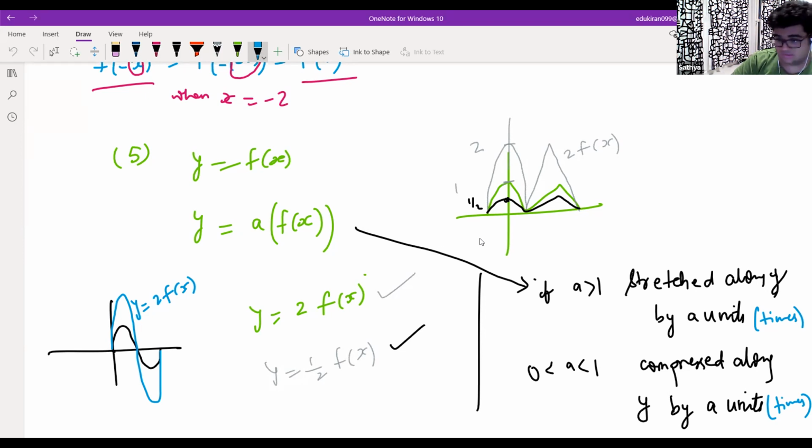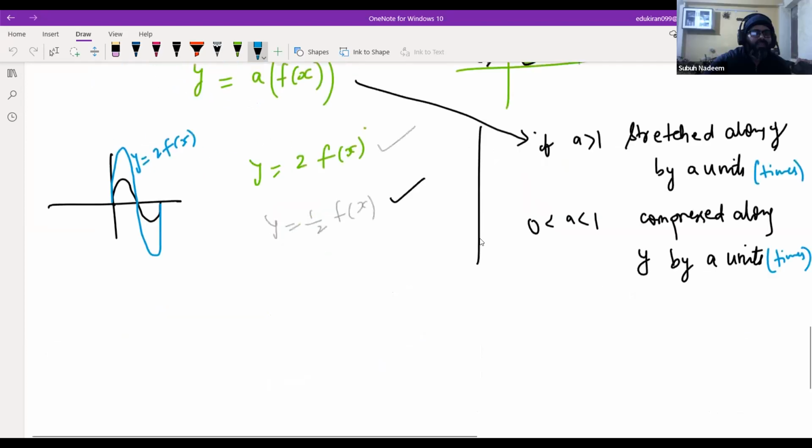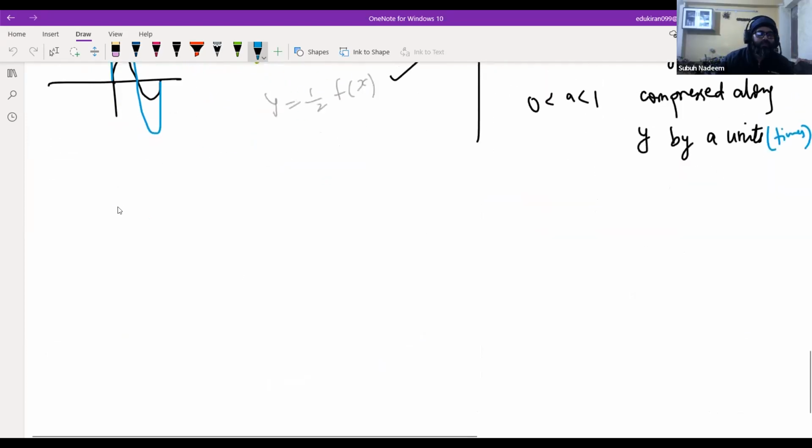Okay, last one is y is equal to f of minus x. Sorry, f of minus x we did. If y is equal to f of x is given, y is equal to minus f of x. So minus is on the output.